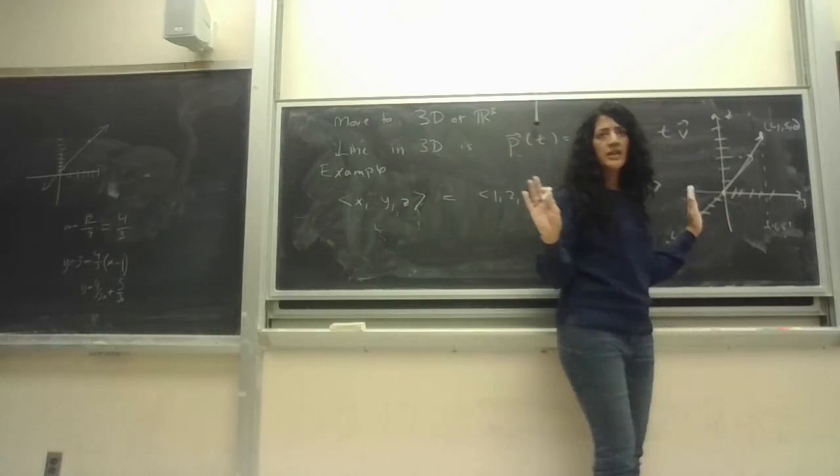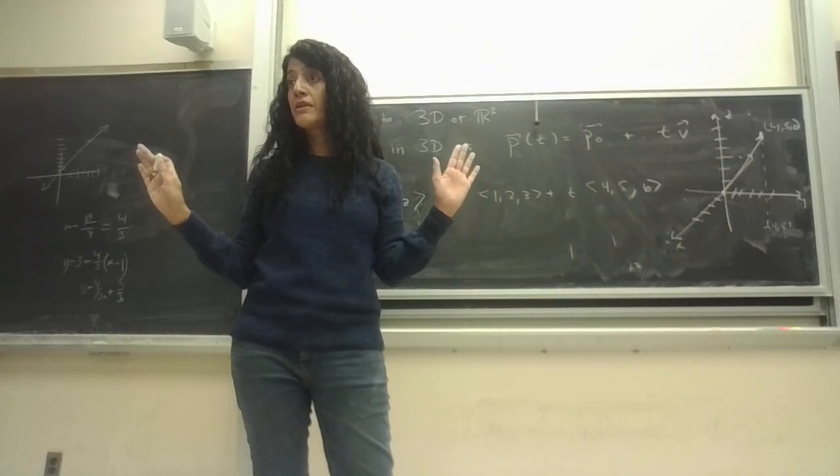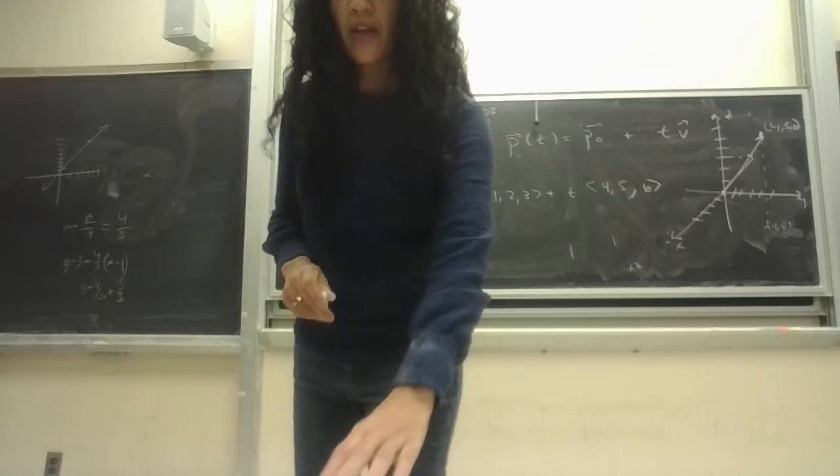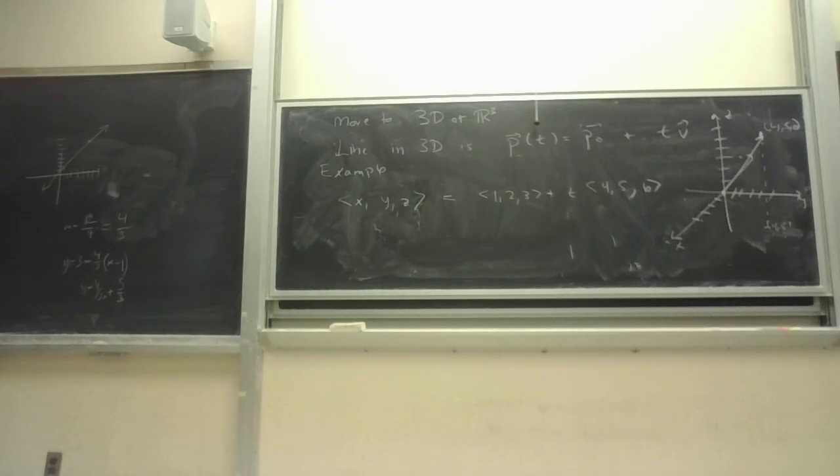Same as 2D. No different. The geometry is exactly the same. Do I have questions for you on that? On your sheet? We're going to move on to planes because otherwise we're not going to get through anything. Questions?